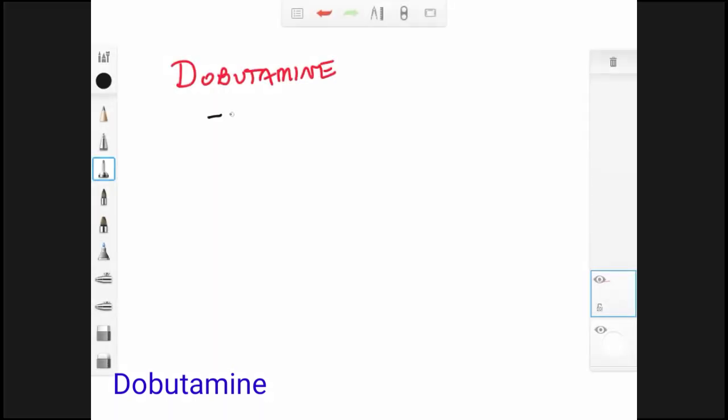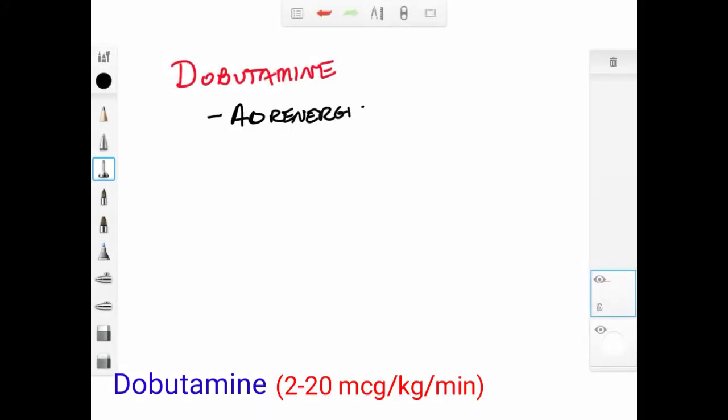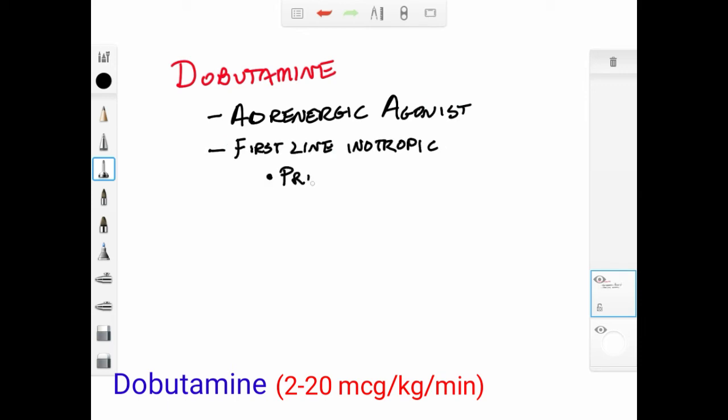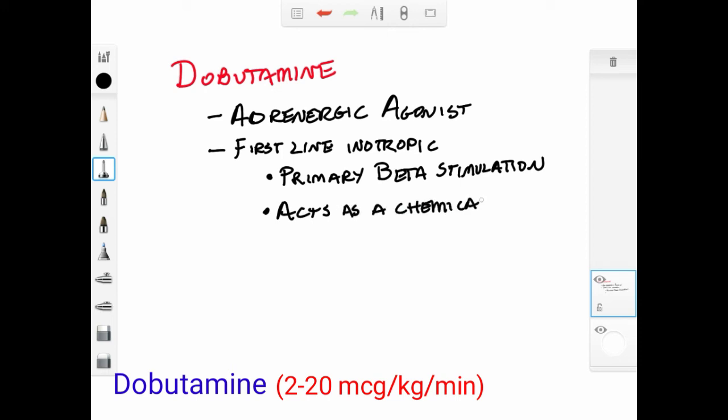Let's talk about Dobutamine. Dobutamine is also an adrenergic agonist. Primarily, it's going to be hitting the beta receptor site, so that's why we consider it a first-line inotropic medication. We get primarily inotropic and chronotropic stimulation. A way of looking at Dobutamine is that it acts as a chemical balloon pump.